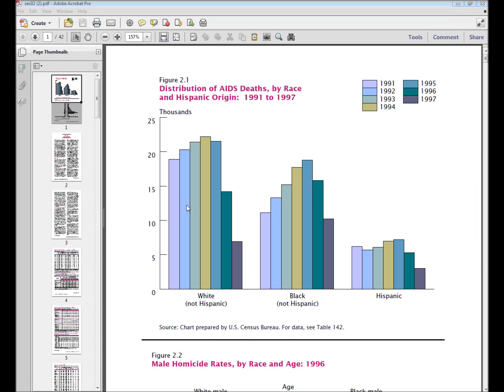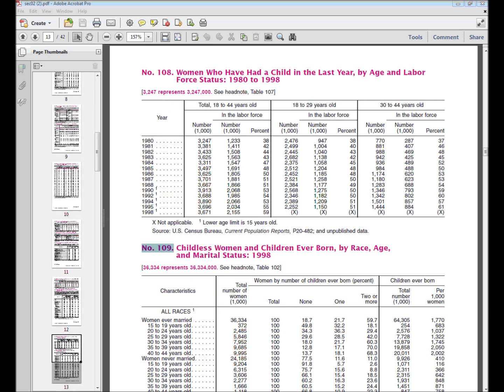You'll note that on this one, we don't have table numbers, but what you can do is go to the binoculars, which means find, and you would just type in the box that comes up, number 109, and you can see it takes you to number 109.